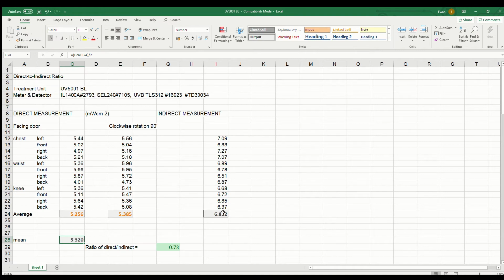Whereas in the indirect method, there's no physical body in the way, so ultraviolet radiation from one side of the phototherapy cabinet can travel to the other side, reflect off the reflectors, and then enter the detector. So you get an artificially high result compared to if there was somebody inside the phototherapy cabin. And that's the whole reason for doing the direct to indirect ratio.